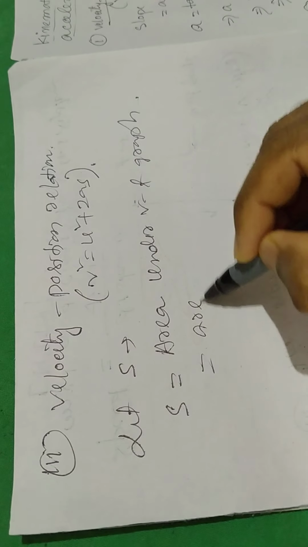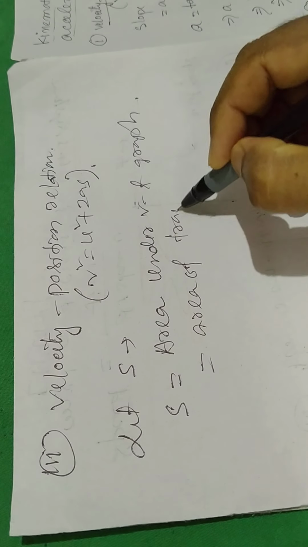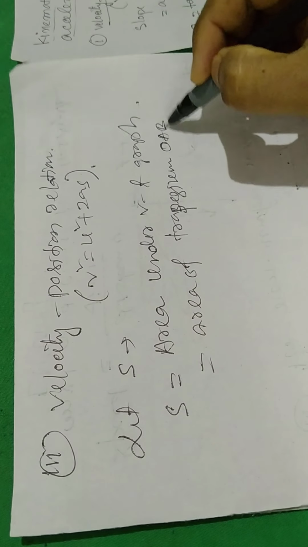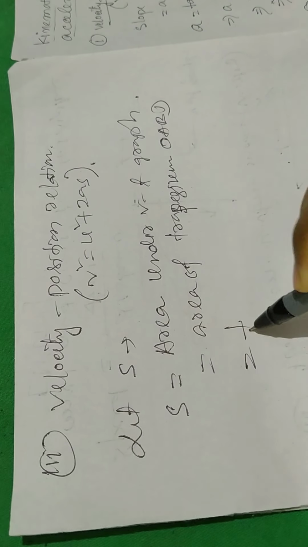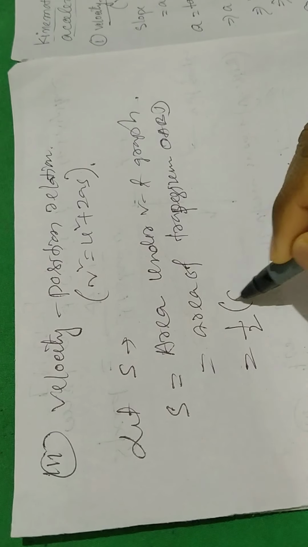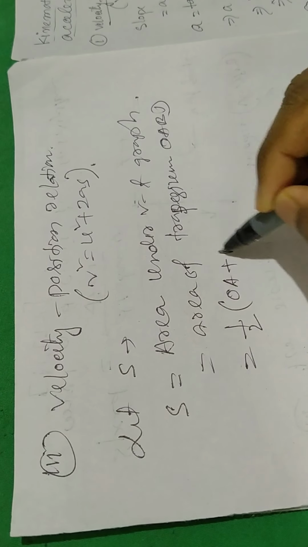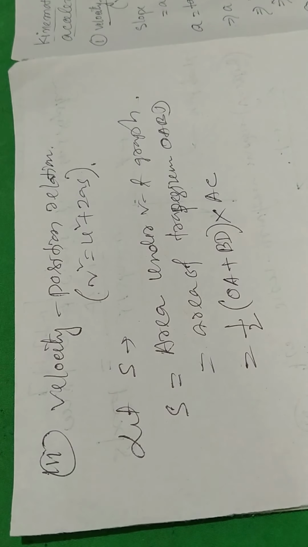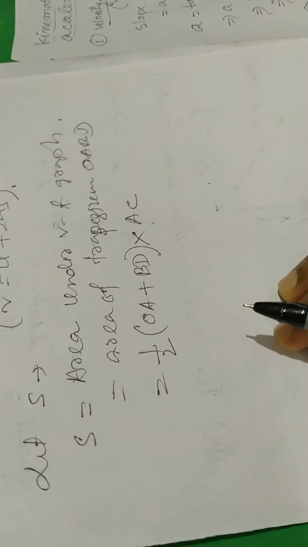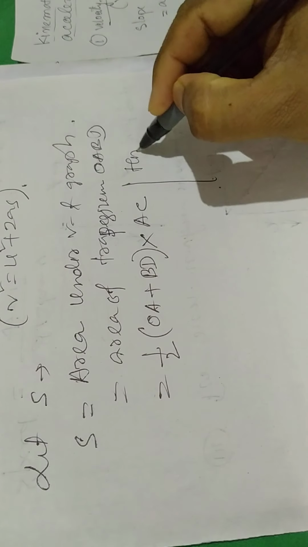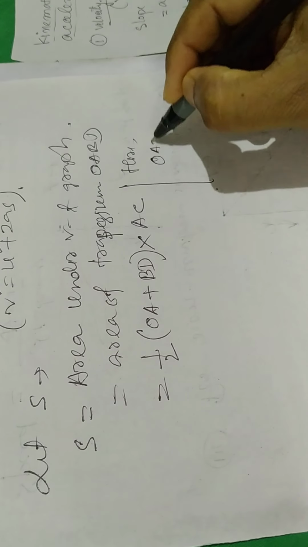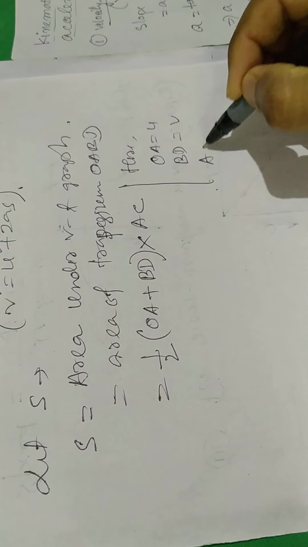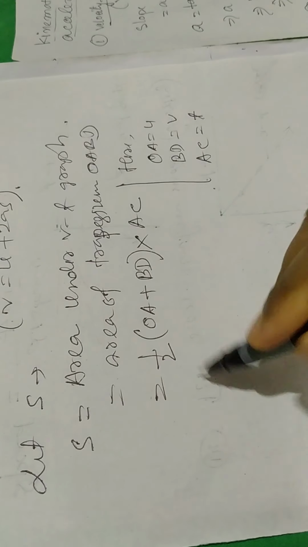That is equal to the area of trapezium OABD. Already I have discussed the area: the sum of the two parallel sides into the distance between the two parallel sides is the area of a trapezium. So here OA equals u, the initial velocity, BD is v, and AC equals t, time.